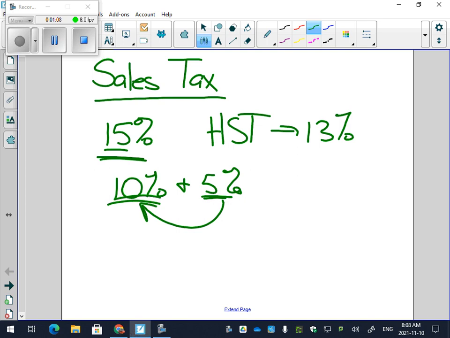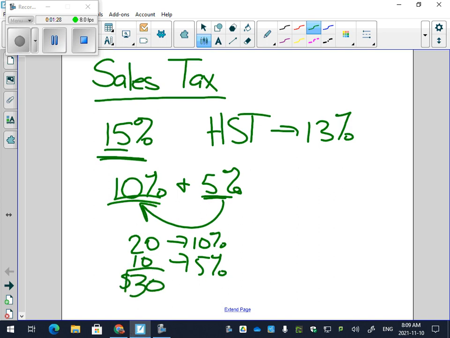So if you determine that 10% of a number equals 20 bucks, 5% would be $10, and you could estimate $30 as your tax. And again, because we're doing 13%, you could take a little bit off this, and maybe your estimate might be something like $28 when you're done, because you took a little bit of money off trying to get close to that 13%.